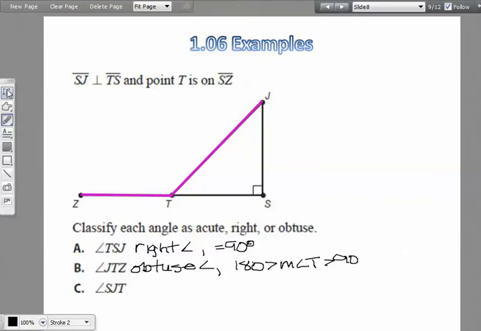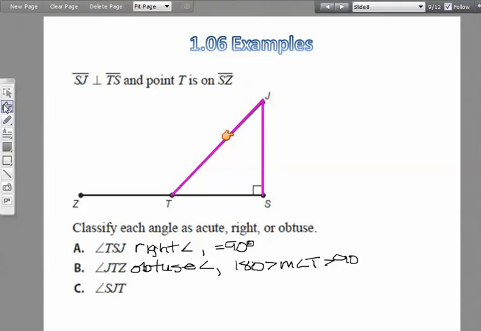Okay, let's see what the next one is. And y'all have probably already answered these, but I'm going to go through it slowly and answer them with you. SJT. So I'm going to go S to J to T. Alright, this one is obviously less than 90 degrees. Remember, when it's little, it's really cute.